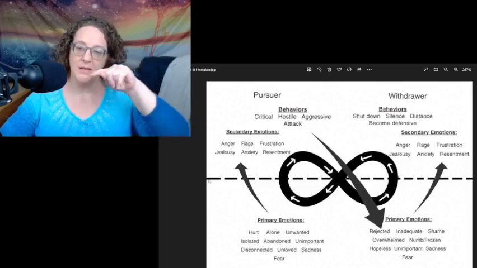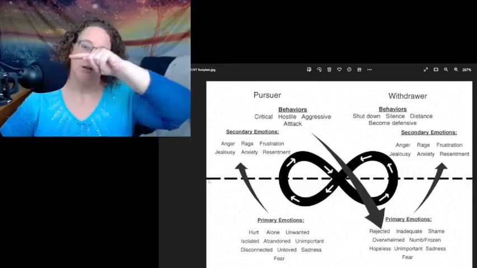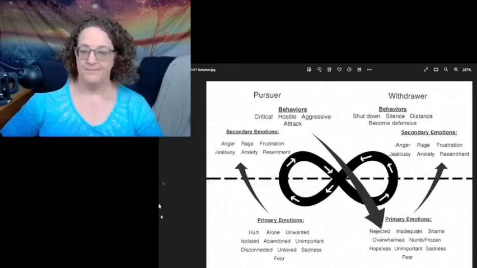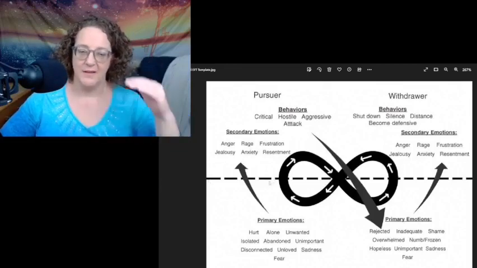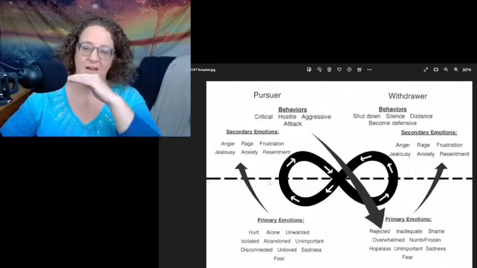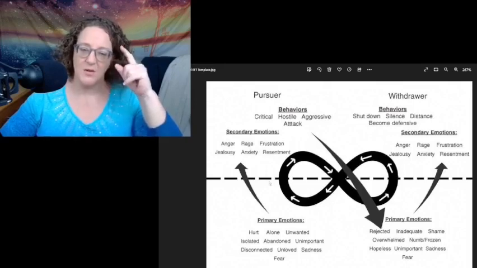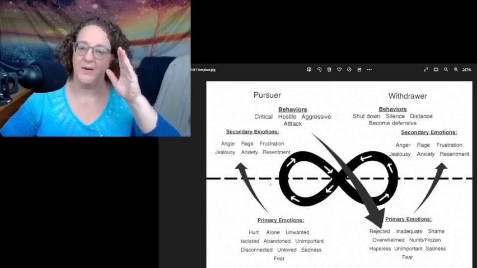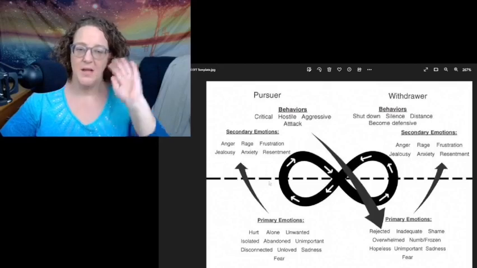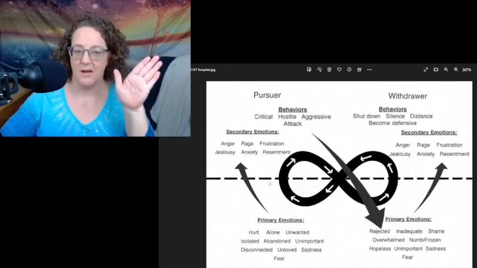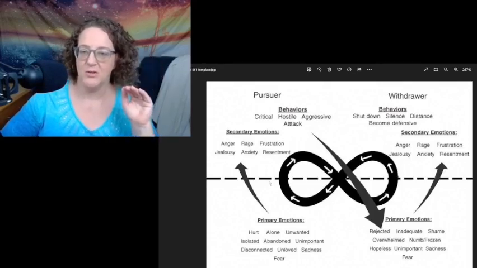It's an infinity, and it's actually quite hard to explain it in this way. But you can see over on the left-hand side, it shows behaviors and secondary emotions, and over on the right-hand side at the top, we have behaviors and secondary emotions as well.